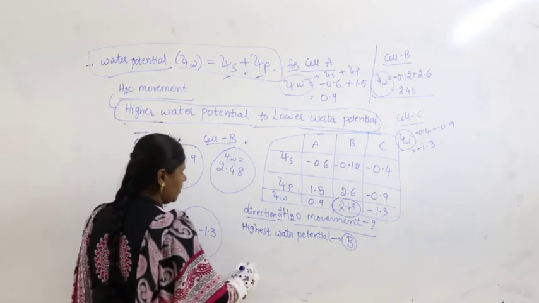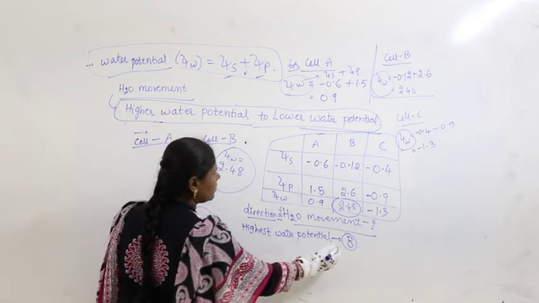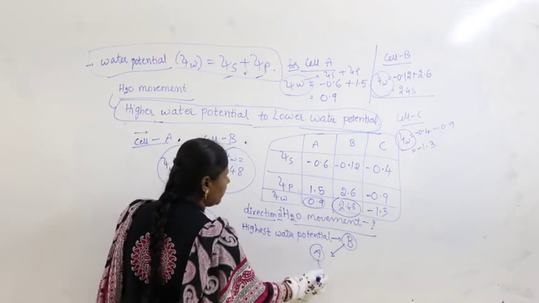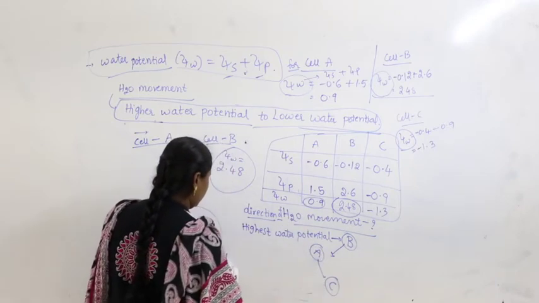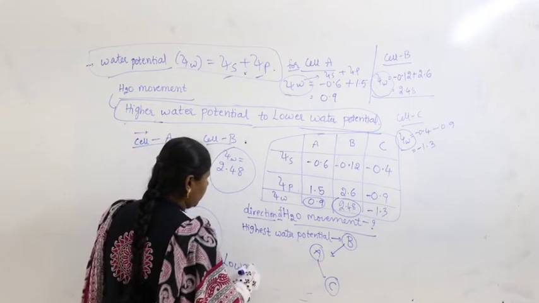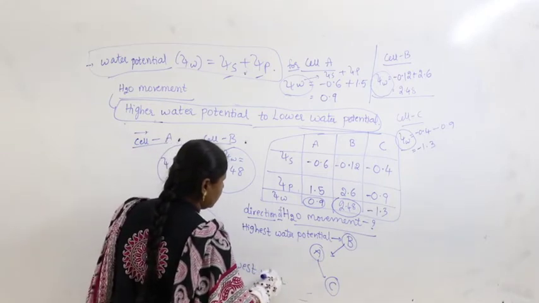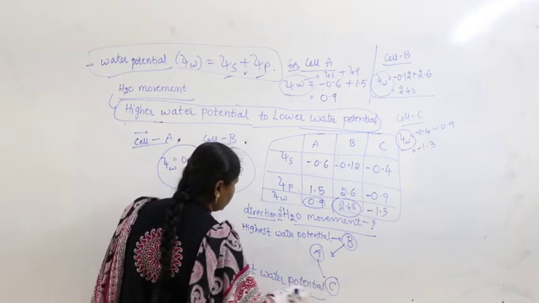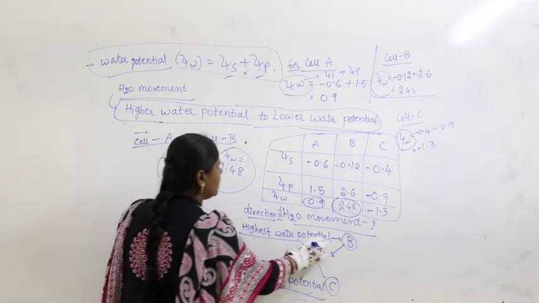And next to the highest water potential is what? A. And next is what? C. That means the lowest water potential you find for C.